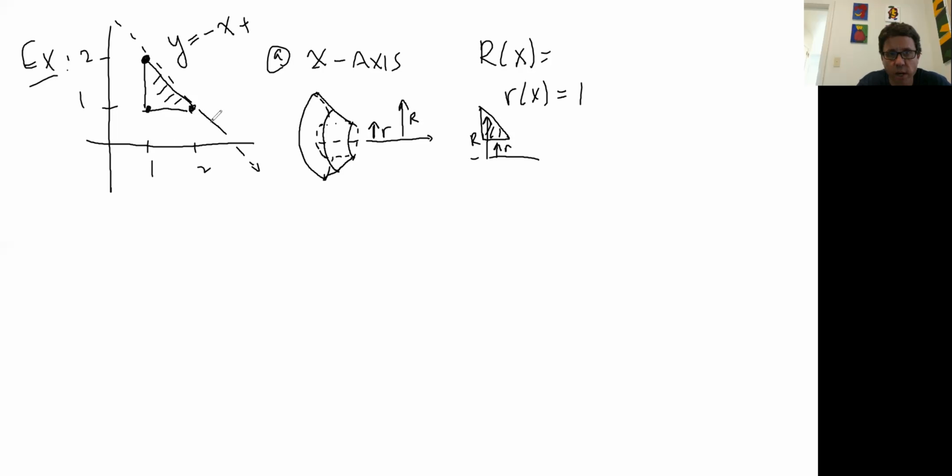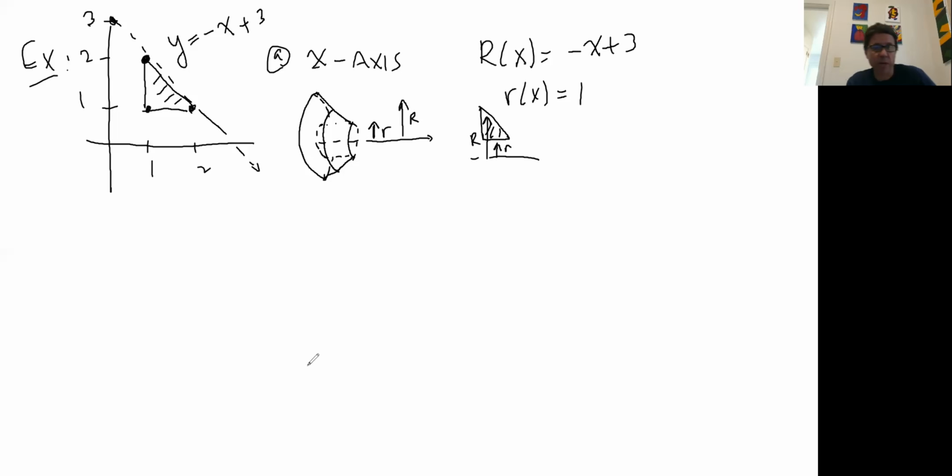If I go over 1 and up 1, over 1 and up 1, then I'll hit this exactly at 3. So if you extended the line back, the y-intercept would be 3, and therefore we get the equation y equals -x plus 3. So the big radius will be governed by that outer line, -x plus 3.